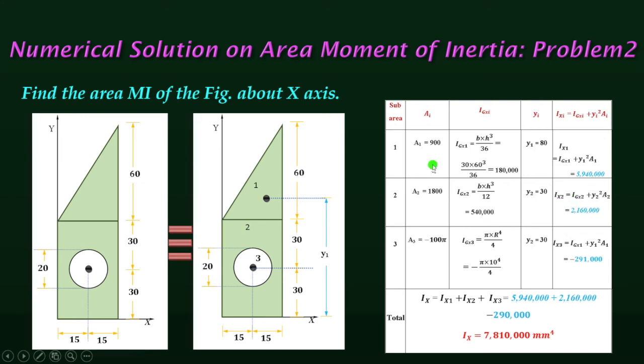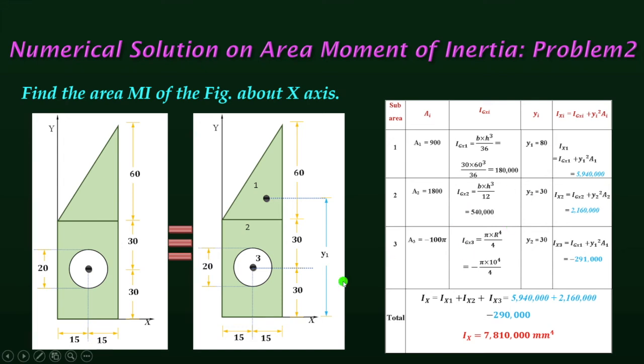Then again here also, like problem 1, all these IGX1, IGX2, IGX3 have different centroids. So this is not about the same axis, and that's why we are unable to add these quantities IGX1, IGX2, IGX3.